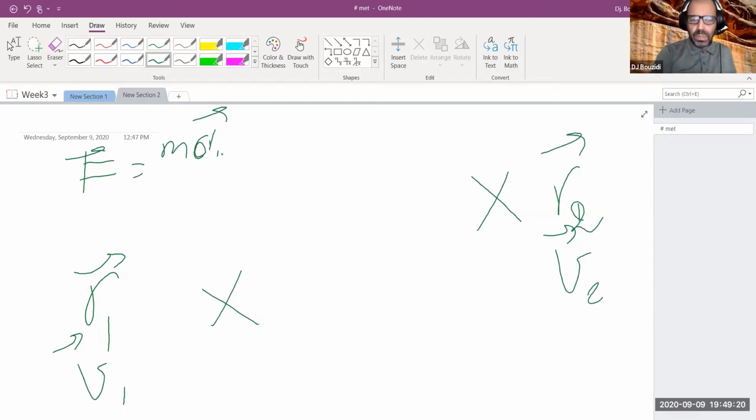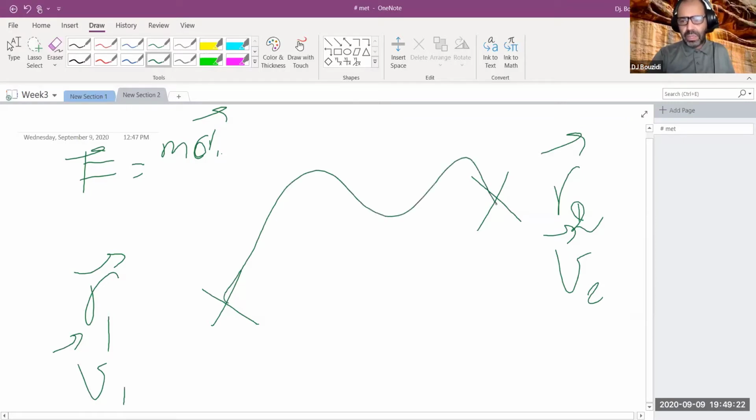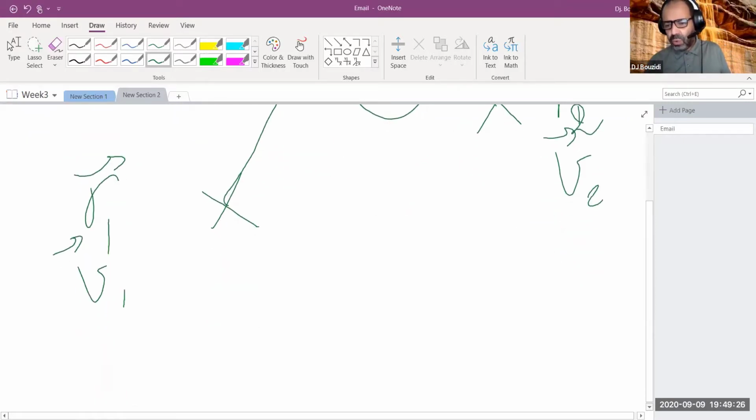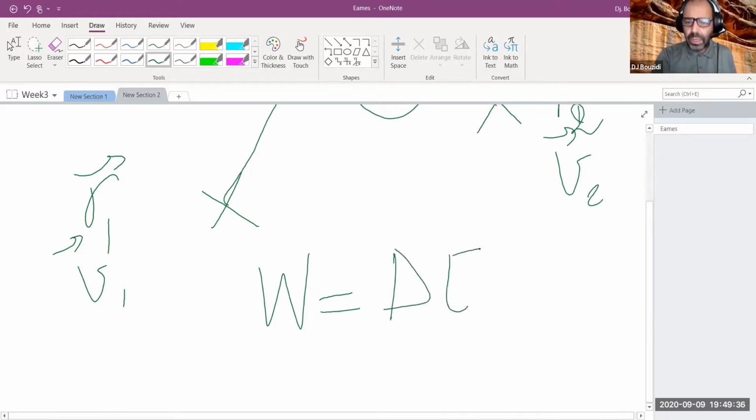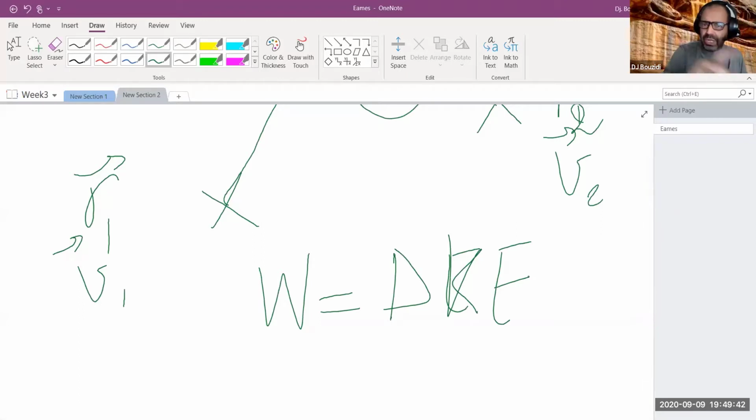Well, it turns out, according to the work energy theorem, that after the object passes through a certain path, this force actually will do work. And that work will be exactly equal to the change in a quantity that we're going to define very quickly, KE, or kinetic energy. That value has to do with the initial state and the final state. Remember, the initial state has an initial value for the velocity vector V1.